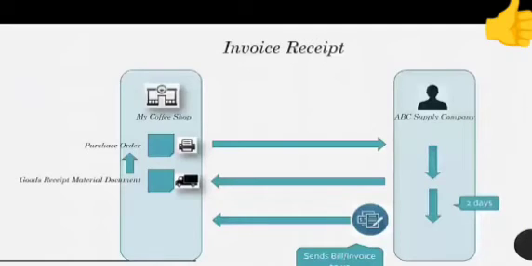We have seen two transactions in the previous two sets of videos. The first one was to create a purchase order. The second one was to receive the goods against that purchase order. After the vendor sends us the goods, he's also going to send us an invoice, which is basically a bill.